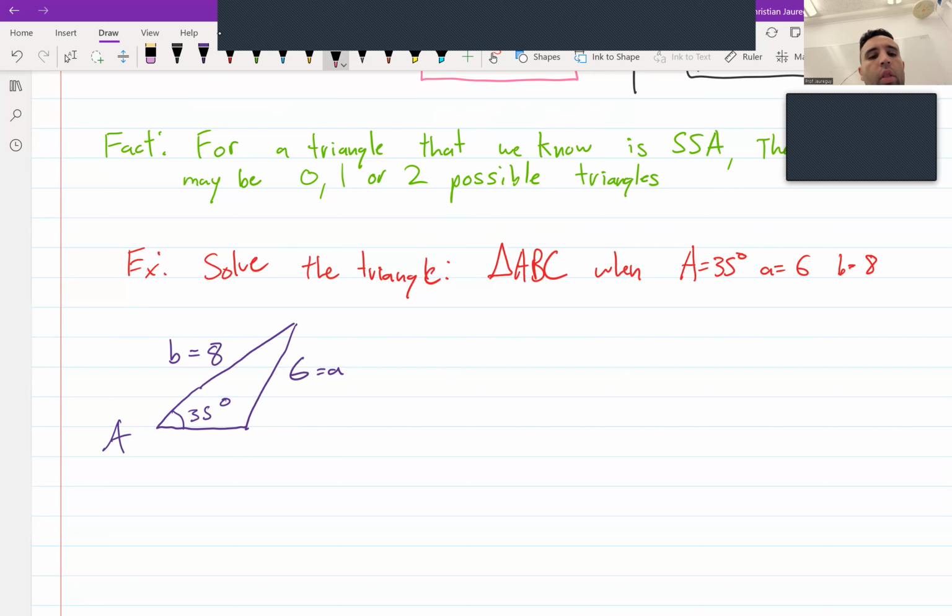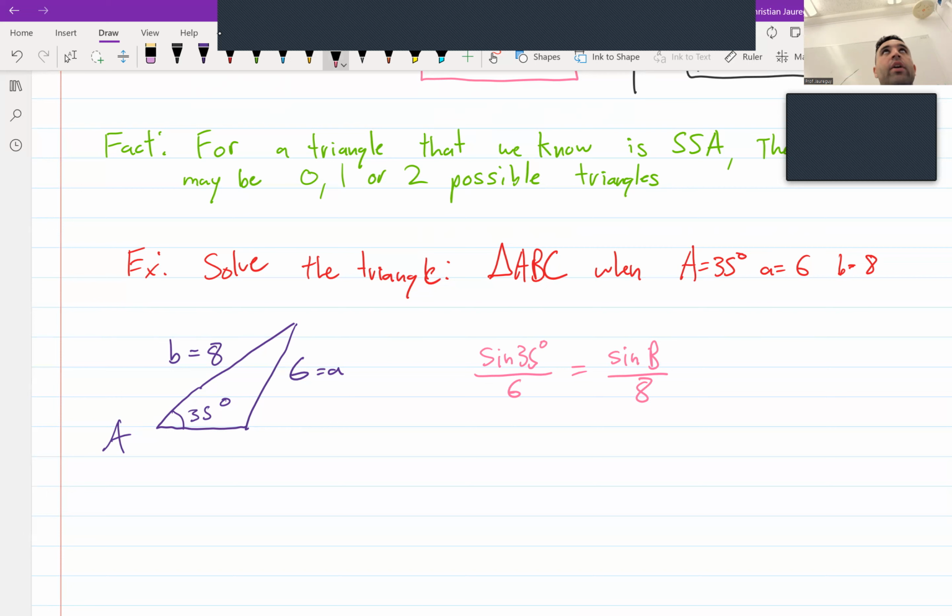I know I can run law of sines here. So I do that. Law of sines says sine of 35 degrees over 6 equals sine of big B over 8. And I knew to put the sines on top because the angle was the unknown in this part, right?